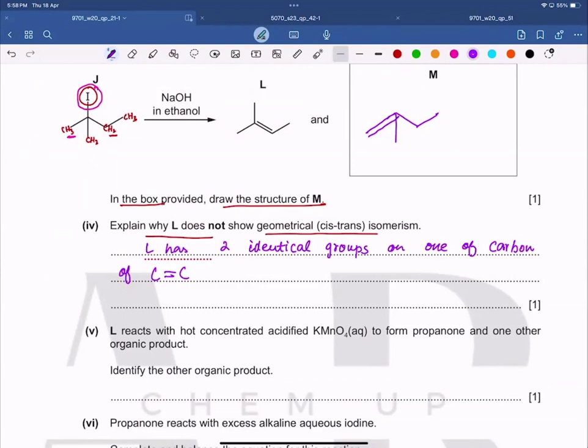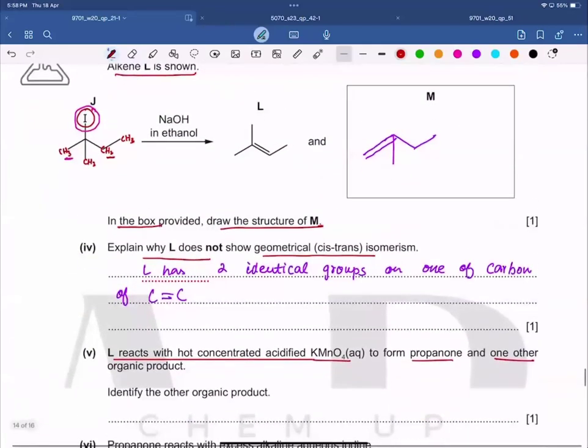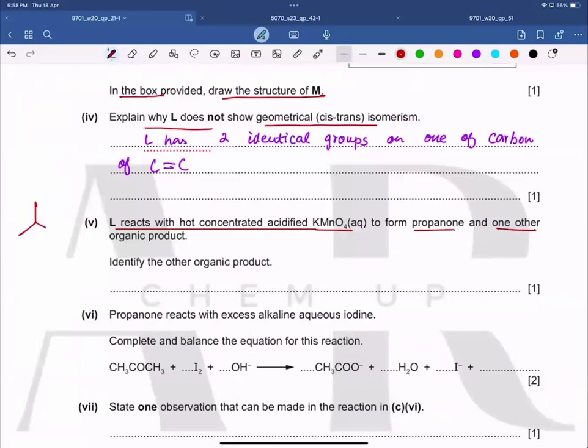Now, L reacts with hot concentrated acidified KMnO4 to form propanone and one other product. What is L? It's this. Very good. When we use hot concentrated acidified potassium manganate, if you recall, it would be broken down from here. The left part turns into a ketone, and the right part, this carbon has one hydrogen over here.